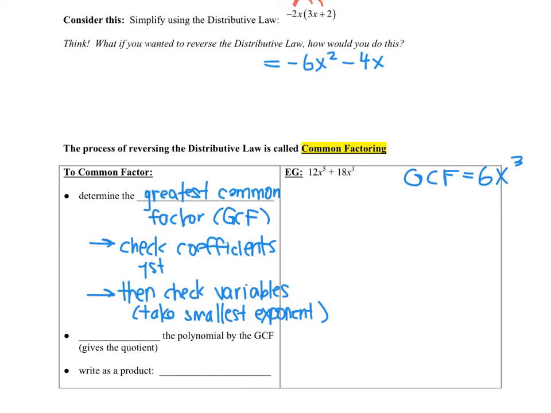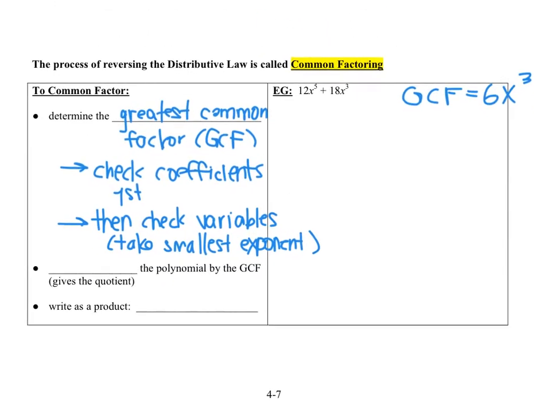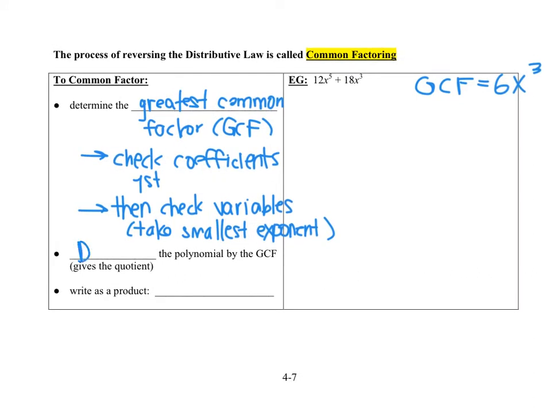Now, once we find the greatest common factor, our second step is to divide whatever polynomial we have by that greatest common factor. Whatever you get, that's going to give you the quotient. So I'm going to divide each of these by 6x cubed. Now, when you write out your final answer, you're going to write equals the greatest common factor.